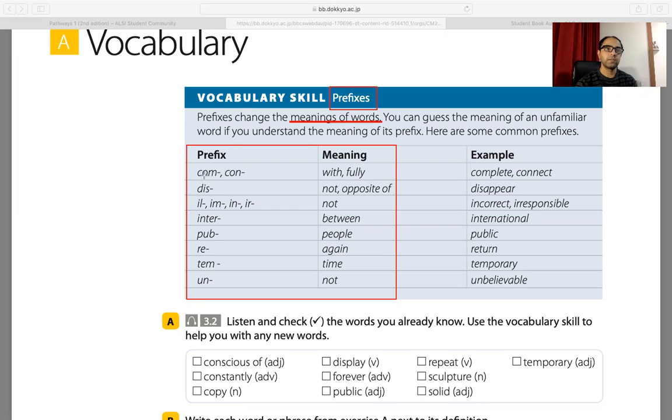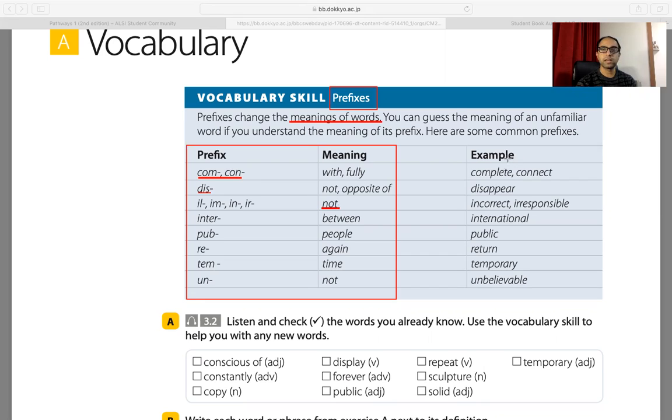For example, if you have com or con as prefix, the meaning is with or fully, okay, full, complete. Another prefix, dis, means opposite, the other way, or il, im, in, ir. These are other prefixes whose meaning is not.